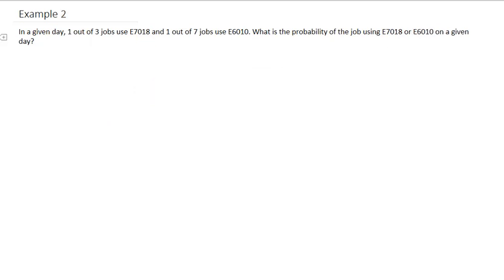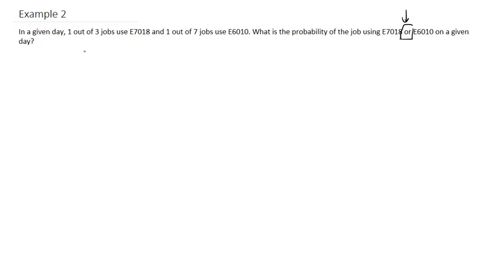Example 2. In a given day, 1 out of 3 jobs uses E7018 and 1 out of 7 jobs uses E6010. So what is the probability of the job using E7018 or E6010 on a given day? So we're using the same data from the first example, but instead we're asking the "or".